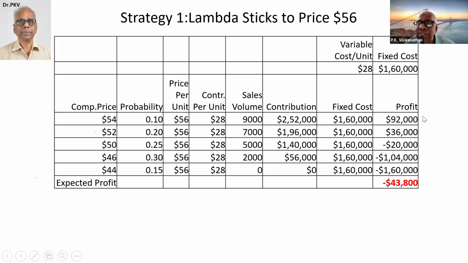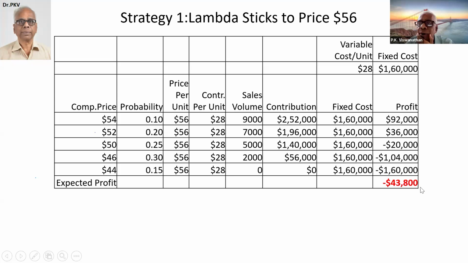Now the fixed cost I subtract now, 160,000. So the profit I get is 92,000, 36,000, minus 20,000, all are in dollars, minus $104,000 loss, minus 160,000 loss because 0 units, 0 contribution I'm getting for the last one.